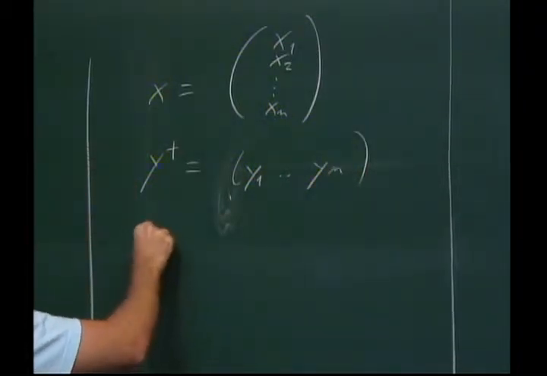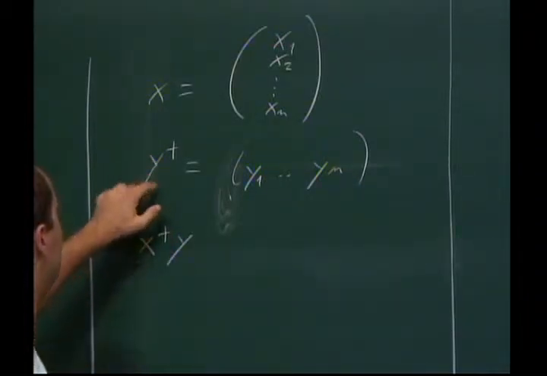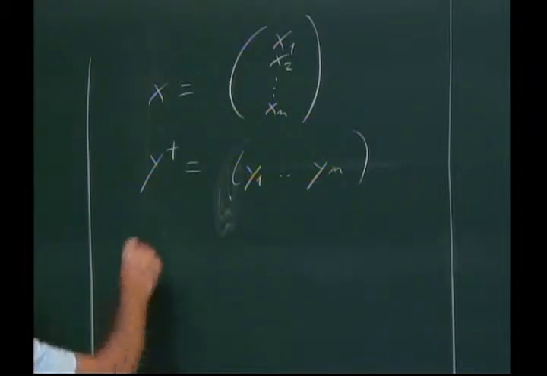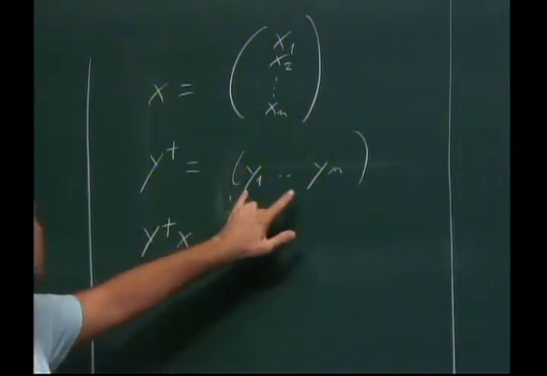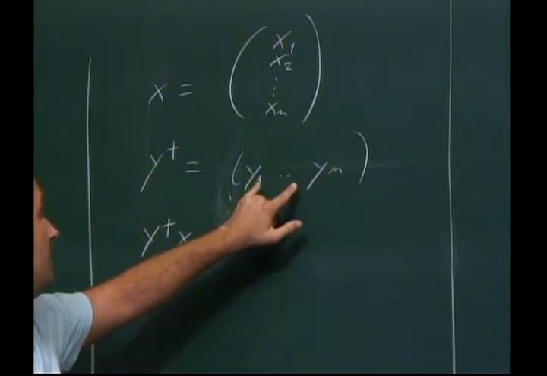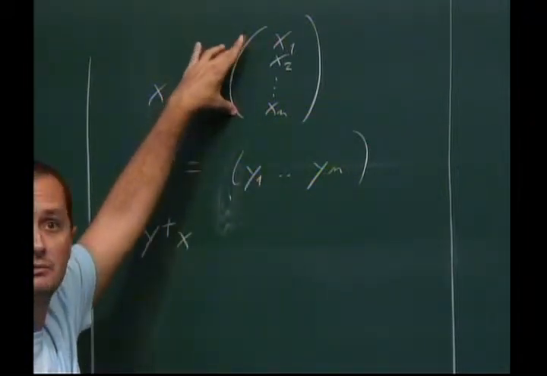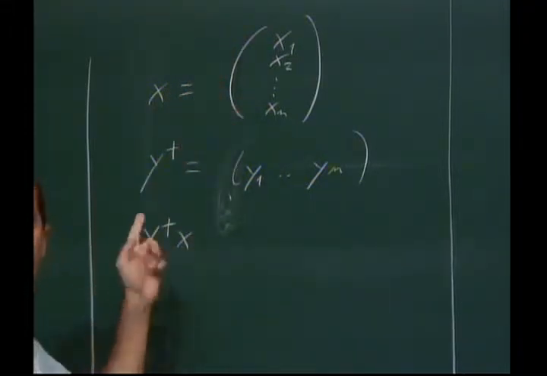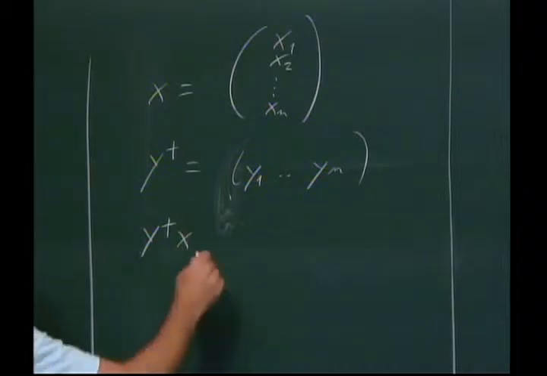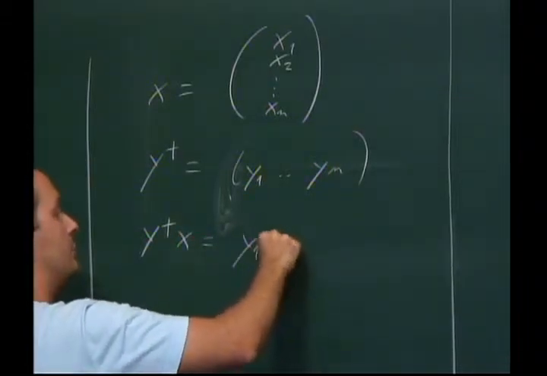When you take y transpose x, this is the product of a matrix with one row and n columns by another matrix that has n rows and one column. So that gives you a matrix with one row and one column, which is a number. We take that to be a scalar, and actually that number is just the usual inner product.